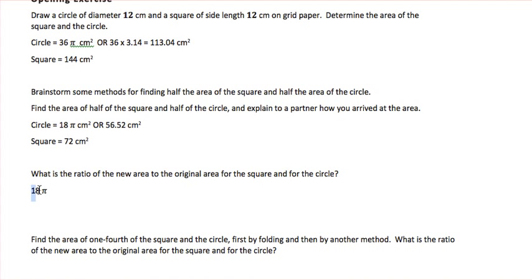18 pi over 36 pi, that's our circle, and then our square is 72 to 144.